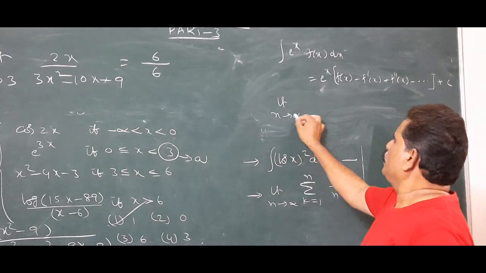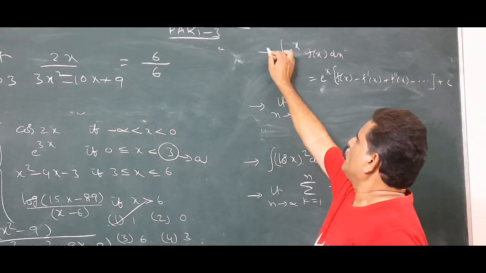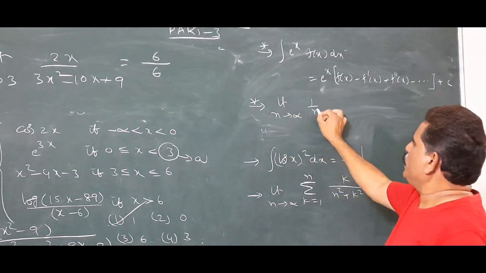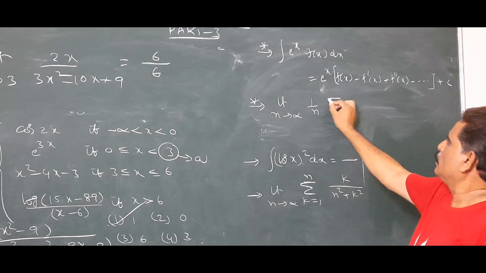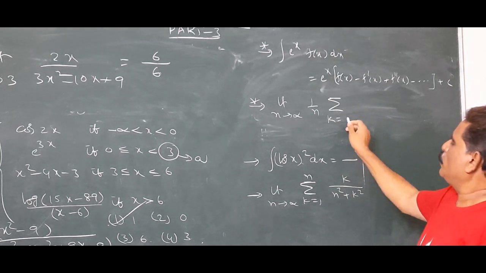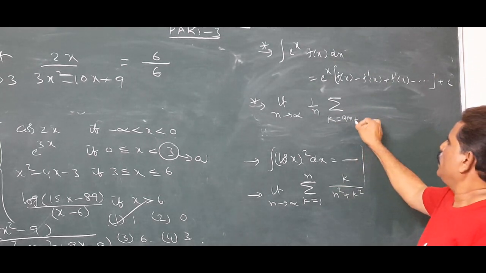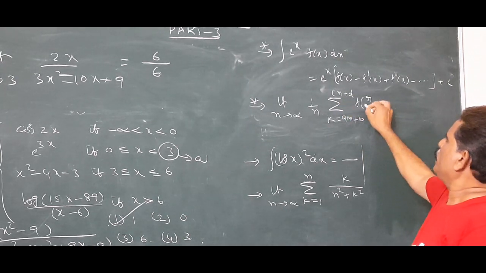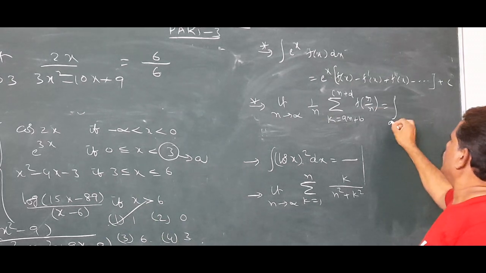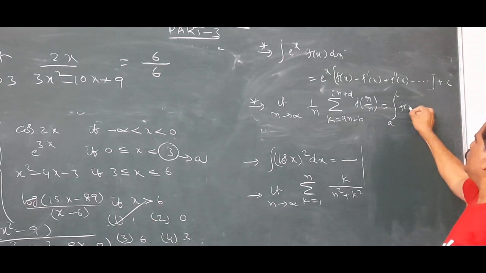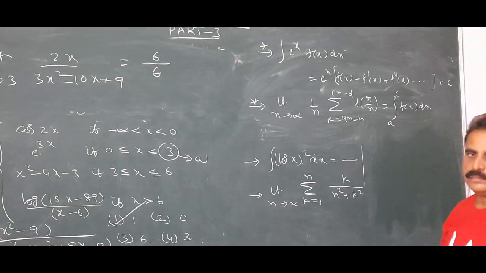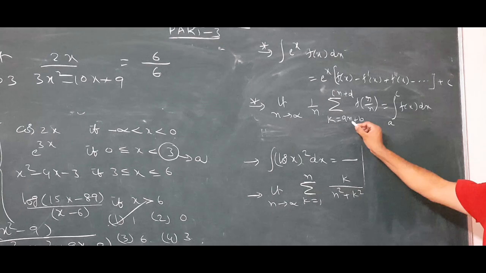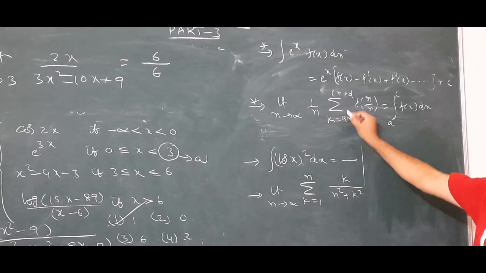You have to note down this formula: limit n tends to infinity of 1/n sigma, k = an + b to cn + d, f(r/n) equals the integral from a to c of f(x) dx. Look here, an to bn. Sometimes the n coefficient is taken as the constant.